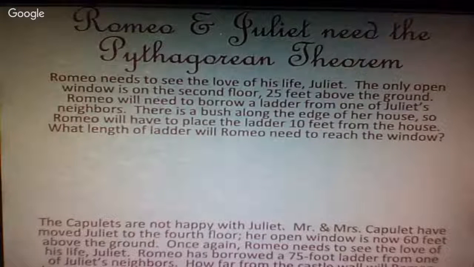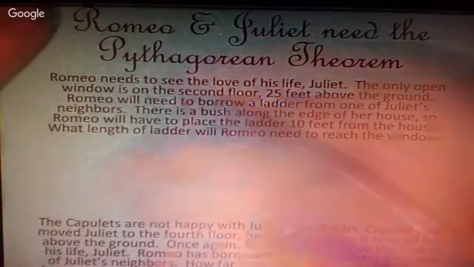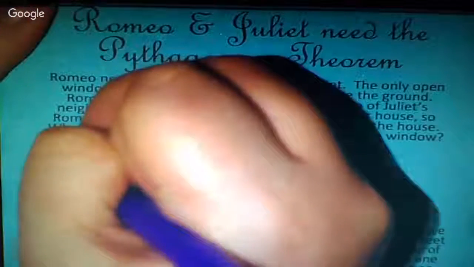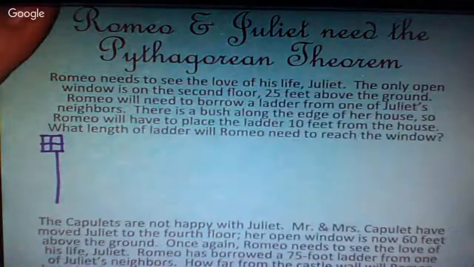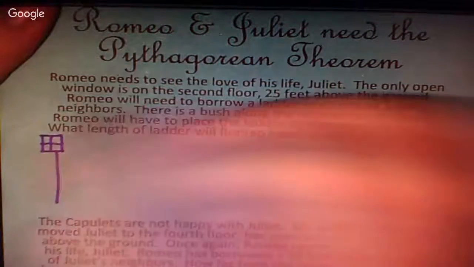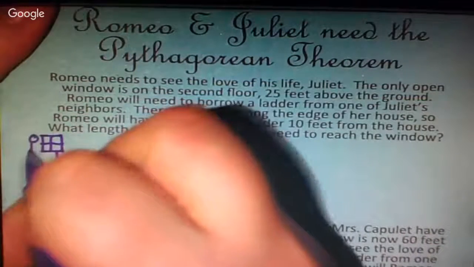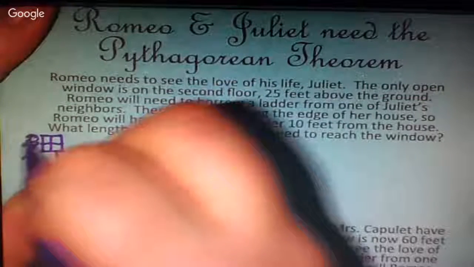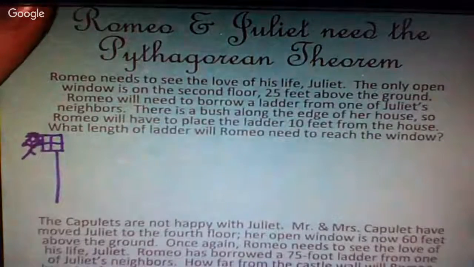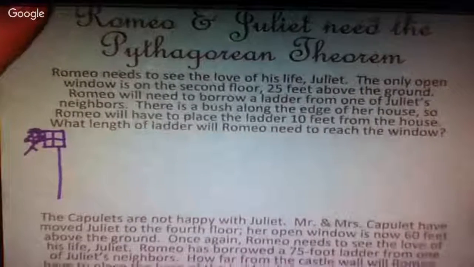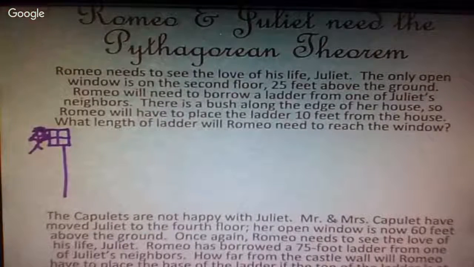Again, first thing when it's a word problem, what should we do? Draw a picture. So, we've got this window. You know me, I'm not an artist. Okay. There's the window. We'll put Juliet up here. Here's Juliet. Give her some hair. She's not bald, Juliet. Okay.